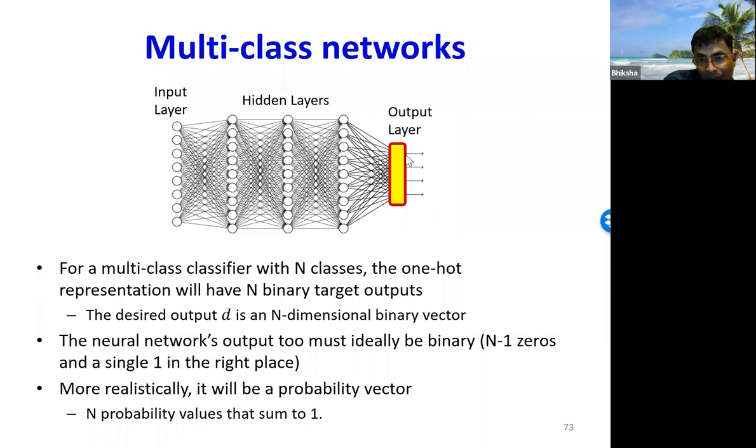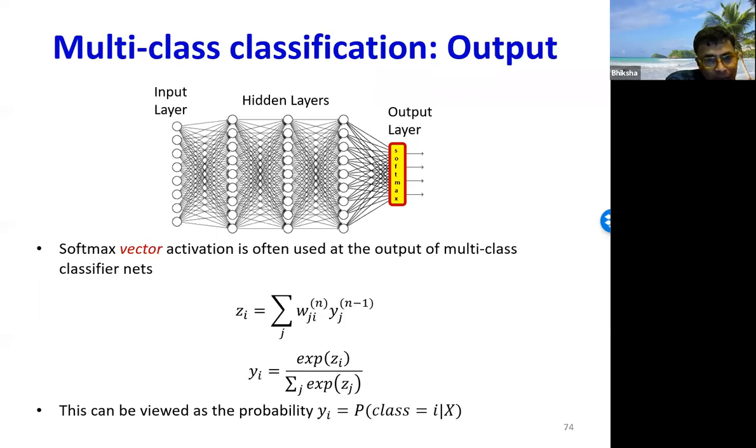We're going to use a softmax activation, and you're going to have many outputs whose values sum to 1. And so for multi-class classification, we will use a softmax vector activation. We've seen this formula for the softmax. And the ith output can be viewed as the probability of the ith class given the input.